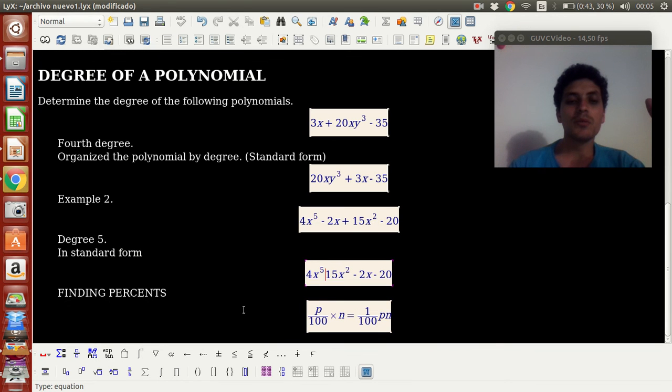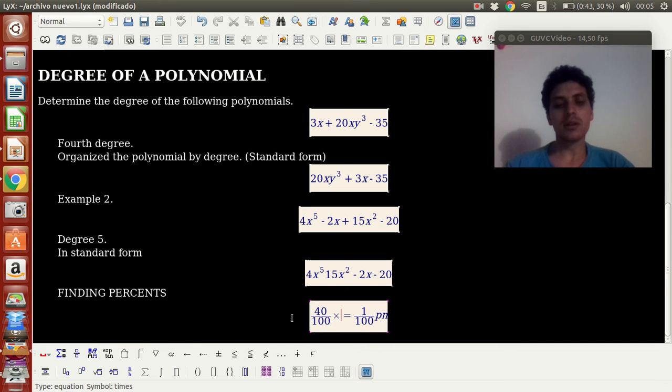It happened to me when we were finding percents, and they asked us to determine 40% of 20. So I had to do a proportion and many things to get 40 divided by 100 times 20.